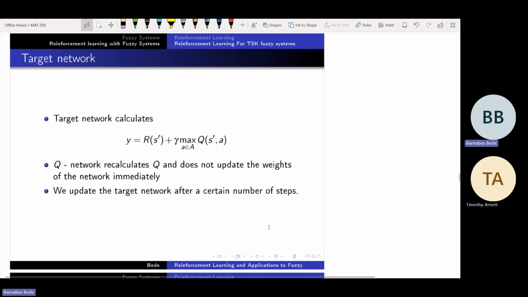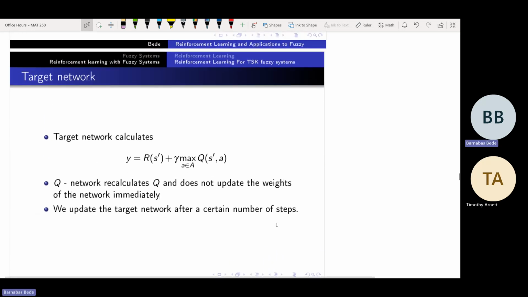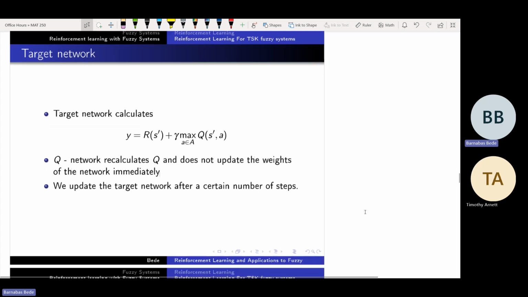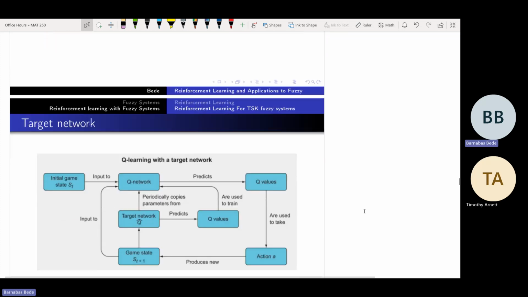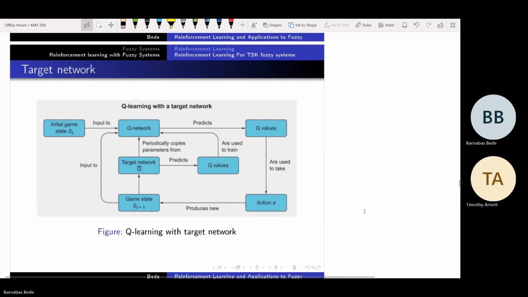That number is typically not too big. I could see implementations between 4 and 10 steps to update the network. There are variations there, but that's what worked for us.